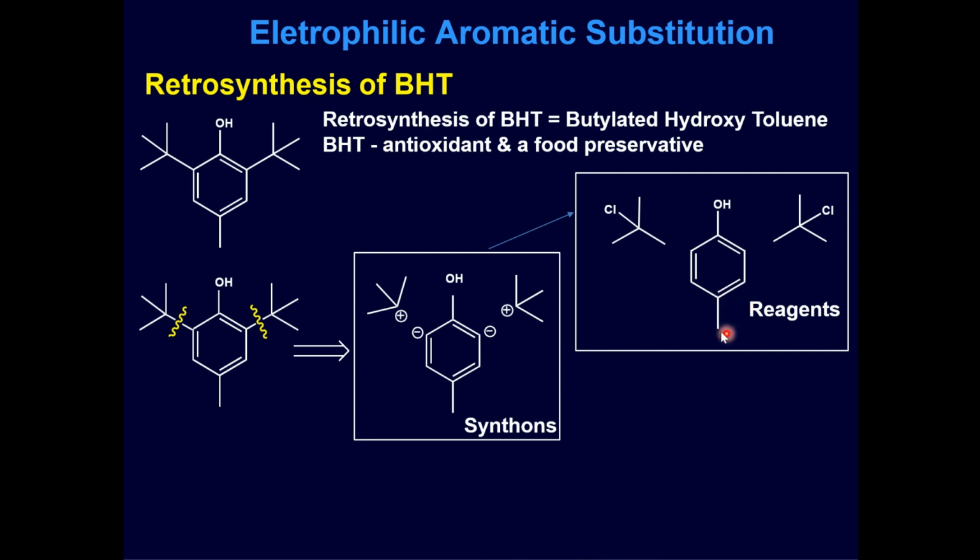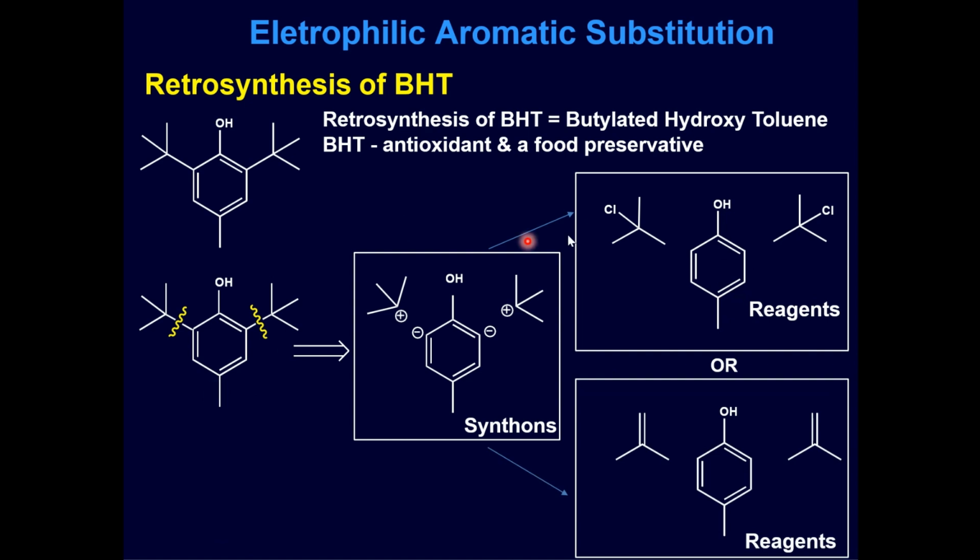As para is already occupied by the methyl group, the incoming group will come at the ortho position and I will get the butylated hydroxytoluene. I can use cresol and tertiary butyl chloride as the reagent to get butylated hydroxytoluene.